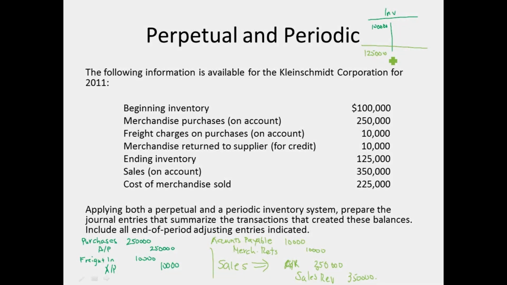I need to basically take my cost of goods sold out so that I end up with 125,000. So what does that look like? Well, I have cost of goods sold that we're going to figure out backwards.